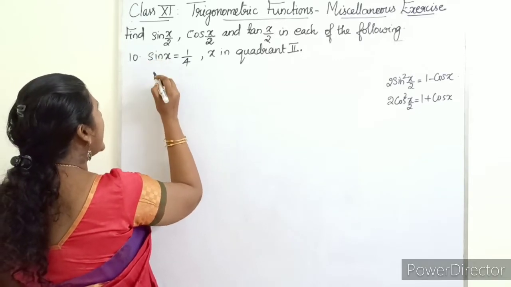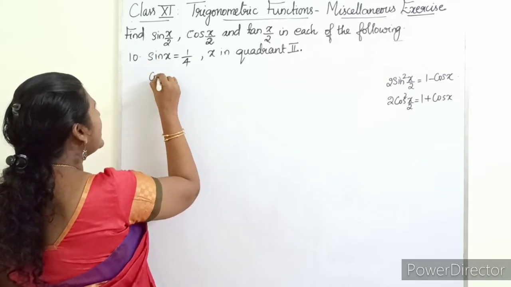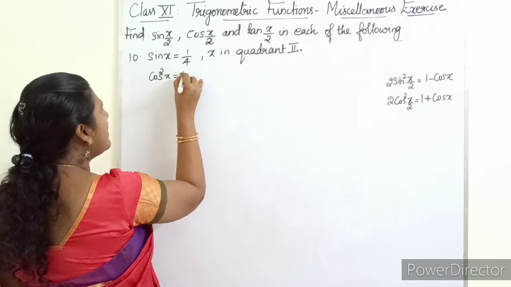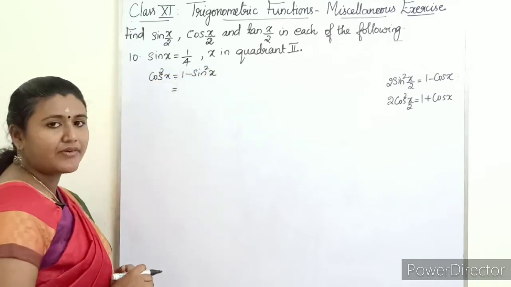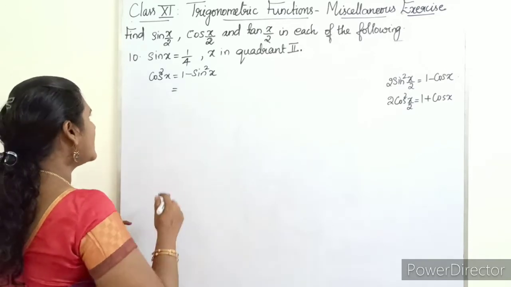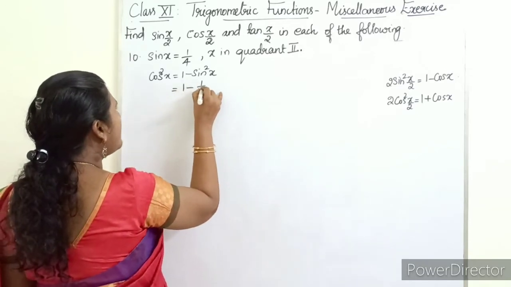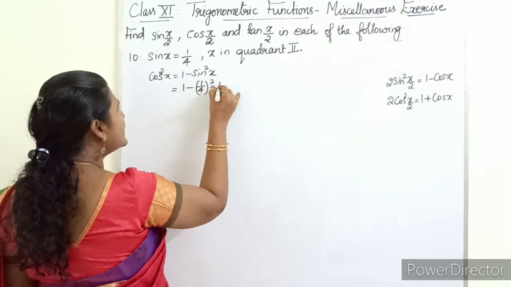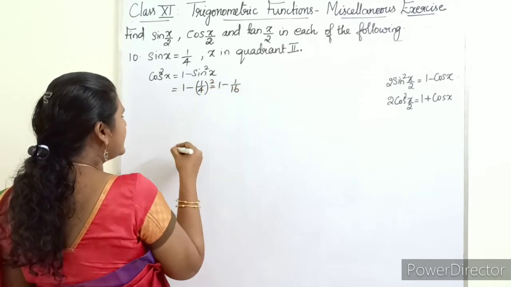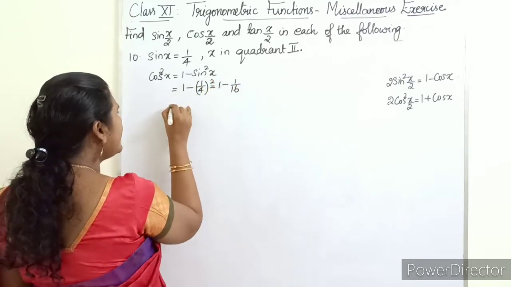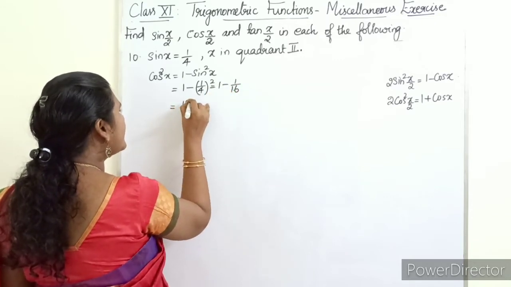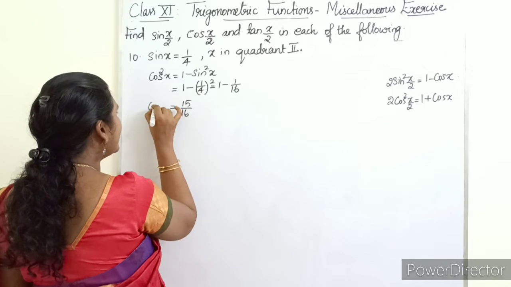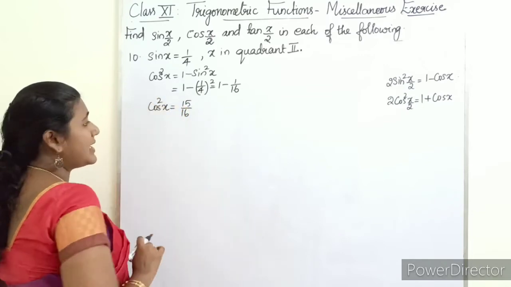So we will use the identity cos square x is equal to 1 minus sine square x. This identity we will use and we will find out the value of cos x. So 1 minus 1 by 4 the whole square, which is equal to 1 minus 1 by 16. 16 we will take as LCM. So 16 minus 1, that is 15 by 16. So this is the value of cos square x.